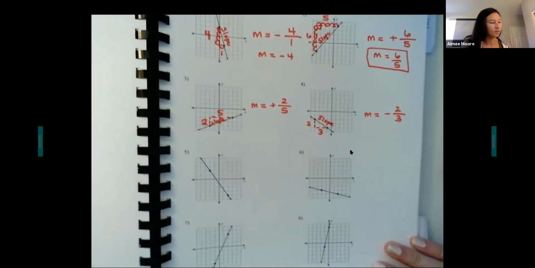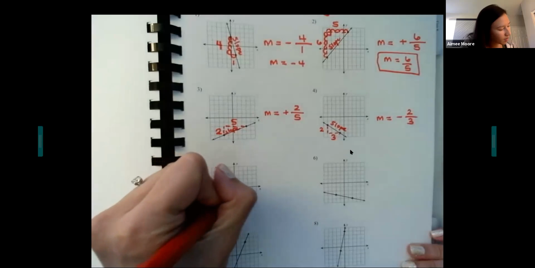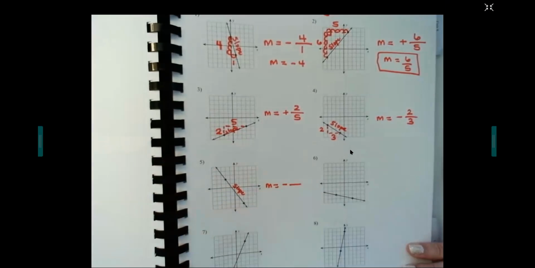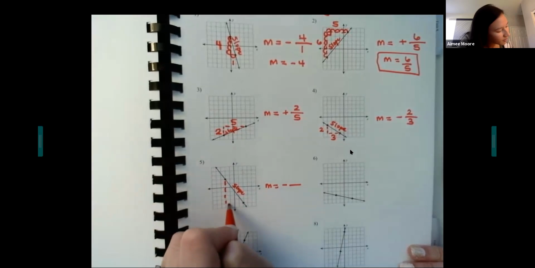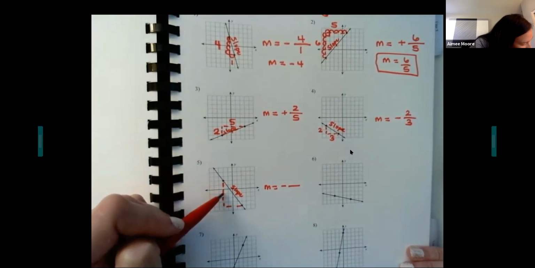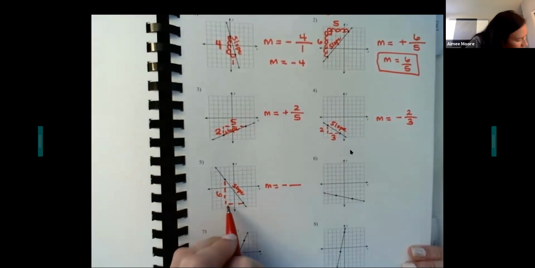No. Okay. Is number 5 a positive or a negative slope? Negative. Very good. And then we draw our slope triangle. And let's count. That's 1, 2, 3, 4, 5, 6. We're going down 6 and over 1, 2, 3, 4.